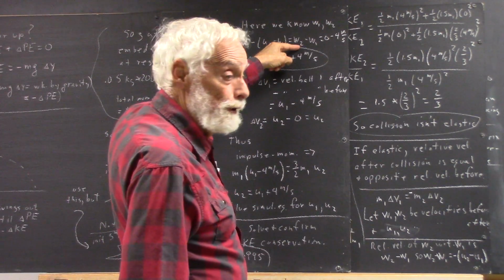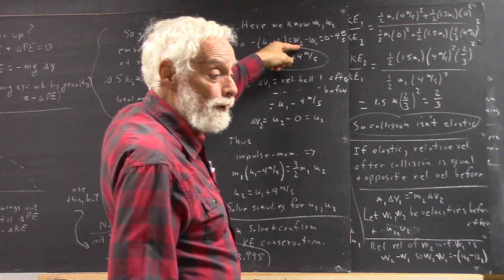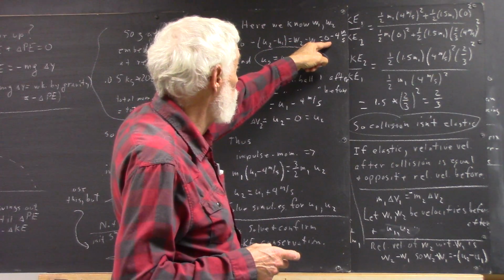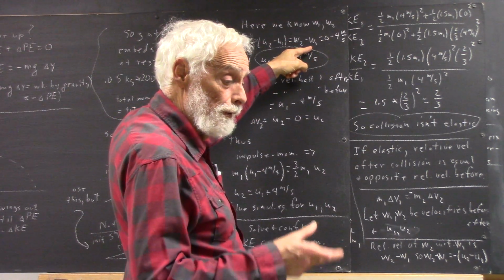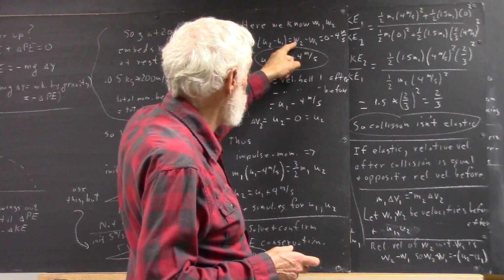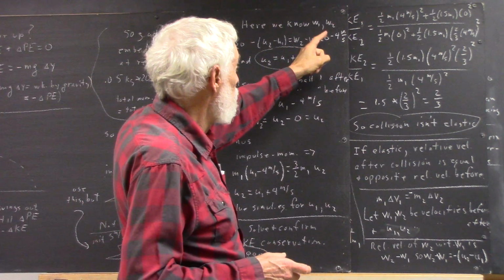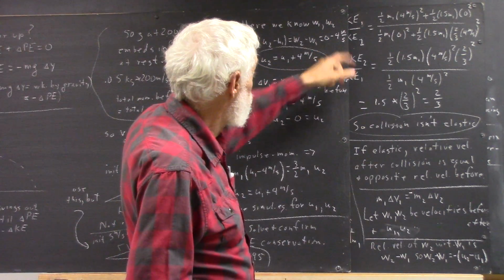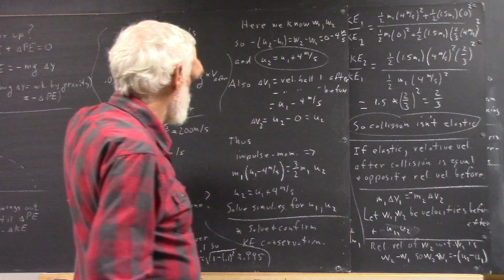Okay, W2 is the velocity of the second object before collision, that's 0. W1 is the velocity of the first object before collision, that's 4 meters per second, so W2 minus W1, the velocity of the second minus the velocity of the first before the collision, is negative 4 meters per second.